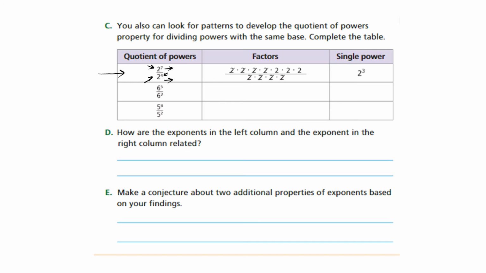Now you know if something is written in the numerator and the same thing is written in the denominator, then we can cancel them out. So you see that this 2 cancels with this 2, this cancels with this 2, and this 2 cancels with this 2. So how many 2's are left? 3 2's, that is 2 to the power of 3.